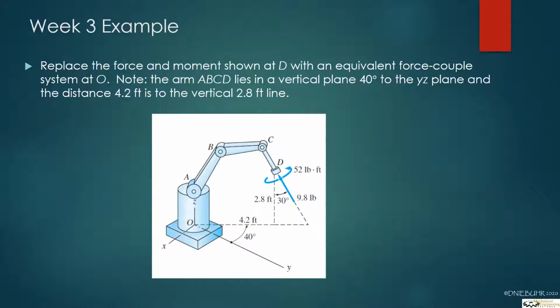Then our F horizontal projection is just going to be 9.8 sine 30, and that's going to give me a value of about 4.90 pounds. Subsequently, I know that Fx and Fy is going to be 4.9 times sine of 40 degrees.